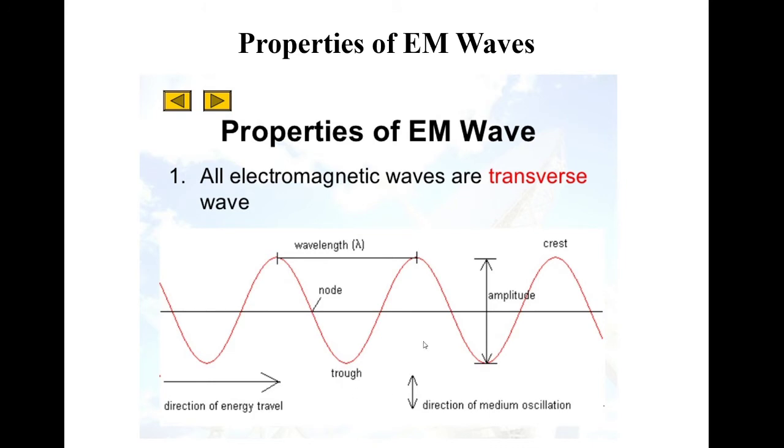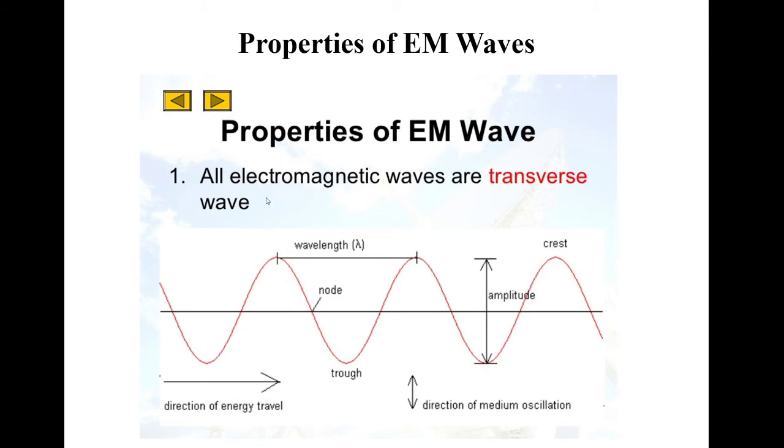So kind of the negative peak. Some of these properties your book talks about, some of them they don't. But a node is a place where the wave is 0, okay? And so the x-axis represents the direction of travel, the direction of propagation of the wave.